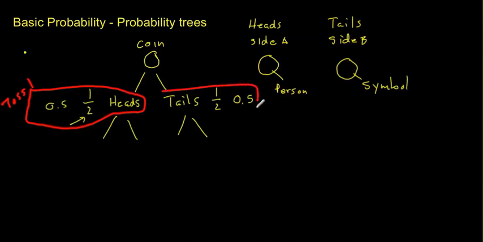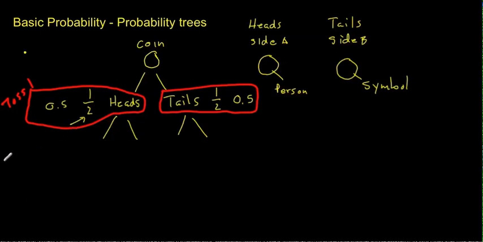These are both possibilities for toss 1: either we got heads or we got tails the first time we threw the coin. Now down here are the possibilities if we toss it a second time.